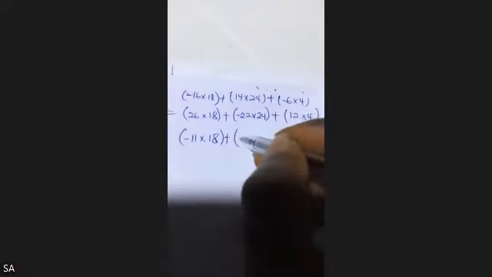The next one, minus 11 times 18 plus 10 times 24 plus minus 6 times 4.